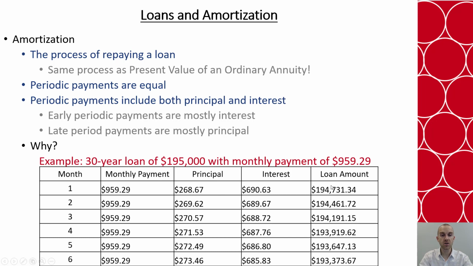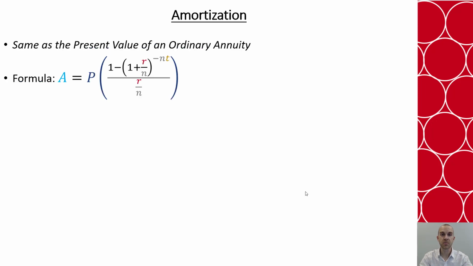So there's no longer $195,000. There's now $194,731.34. And what that means is that there's less principal to actually charge interest. And so from payment to payment, more and more principal disappears from the total loan, which means there's less there for there to be interest. Thus, more of the monthly payment goes towards the principal.